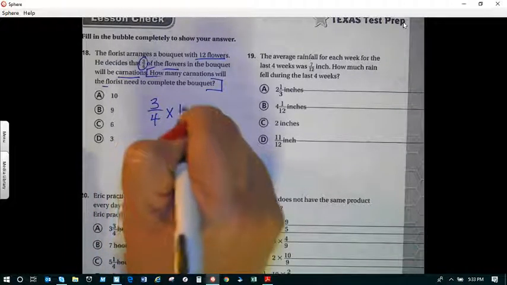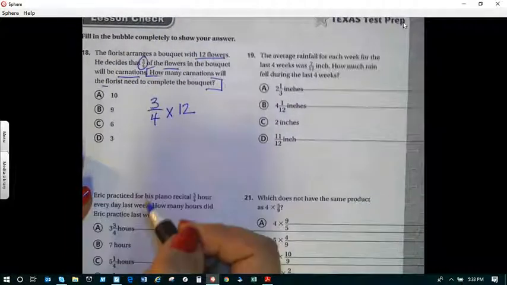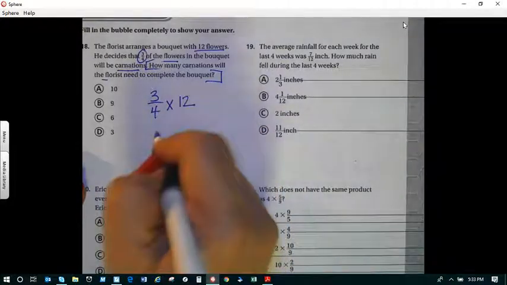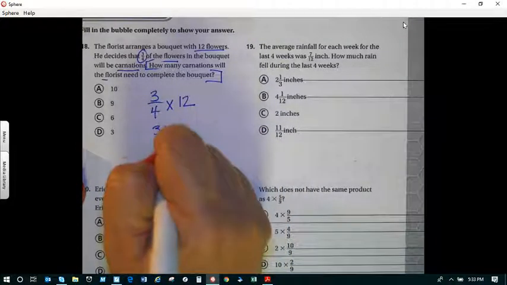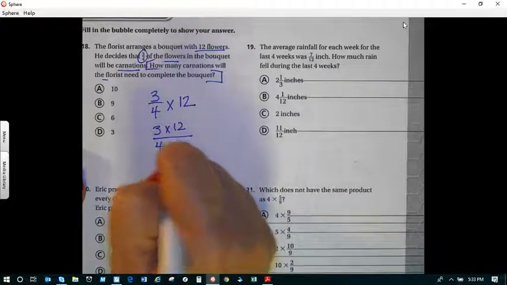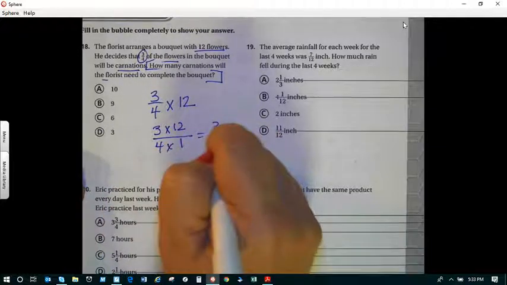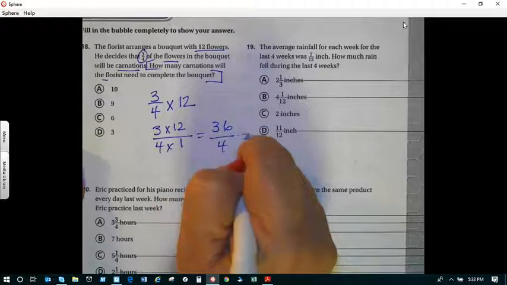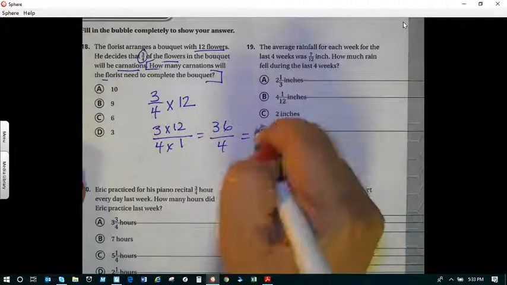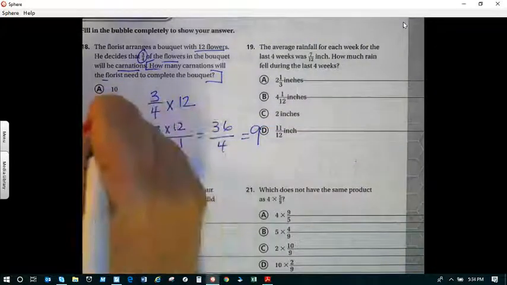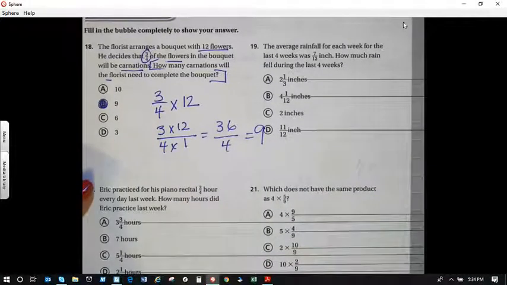So I'm going to have 3 times 12 over 4 times 1. This is 36 over 4, which is going to give me 9. And my answer is 9. So each bouquet is going to have 9 carnations.